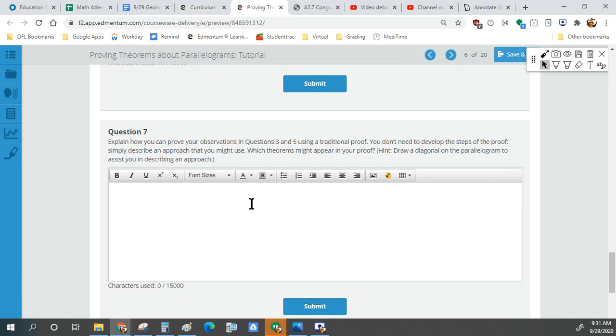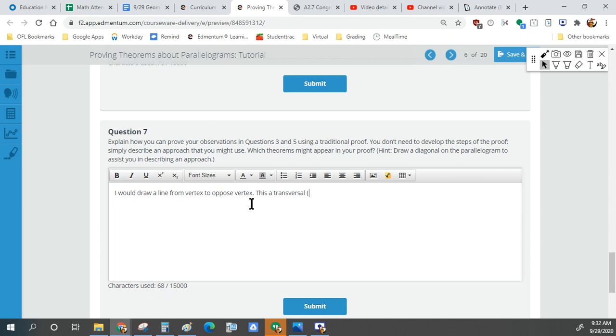Or I guess since this is going to be you, I would draw a line from vertex to opposite vertex. This is a transversal.